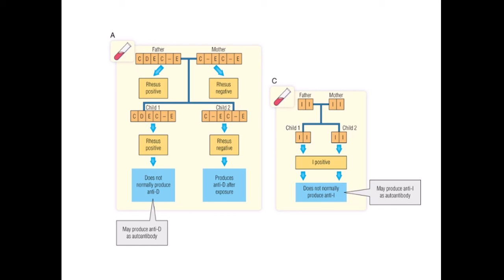So when we identify the blood group, whether it's A or B or AB or O, then we have to identify the Rhesus factor, whether it's positive or negative. A positive, A negative, B positive, B negative. Same thing for AB positive, AB negative, and for O it's the same.